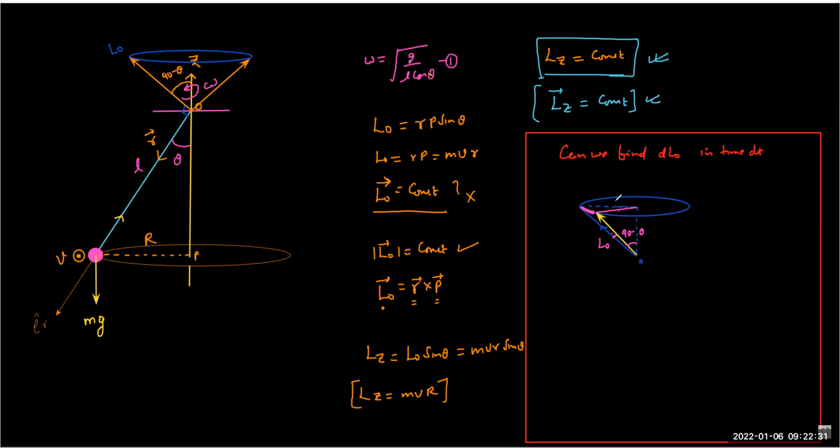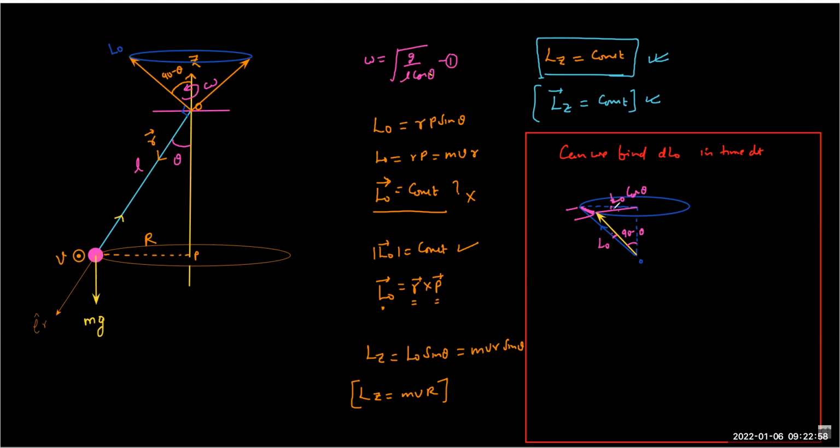So if I call the radius, this is the cone with L naught as a slant length. L naught is the length of the slant of this cone. What is the radius of this cone? The radius of this cone will be L naught cos theta. What I'm looking for is this change.